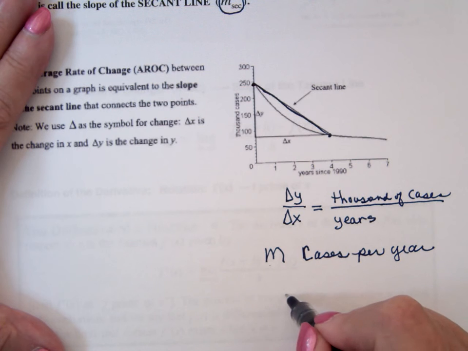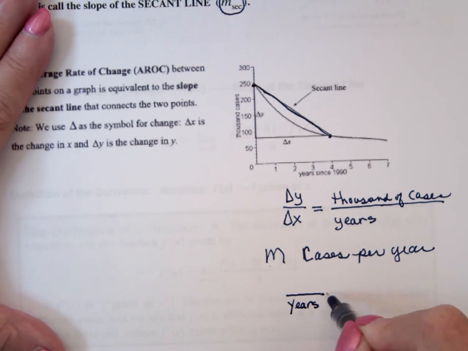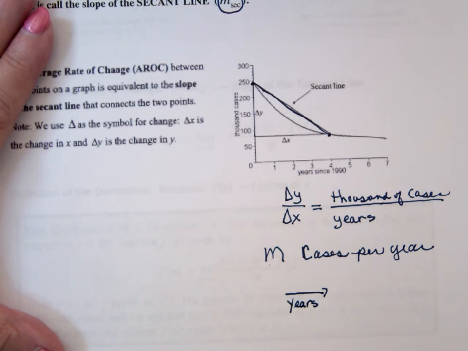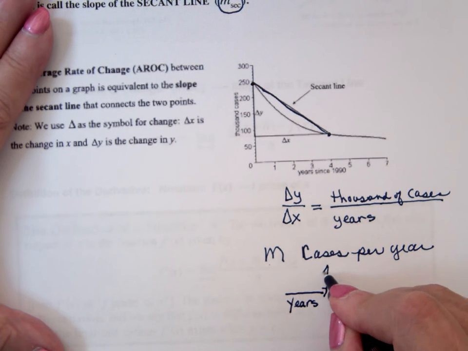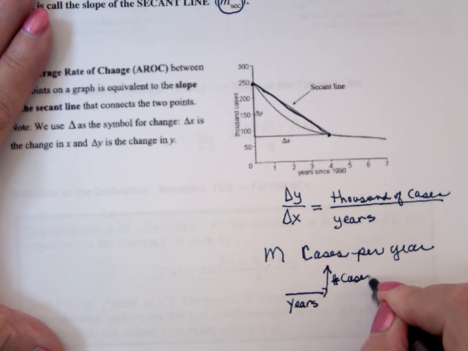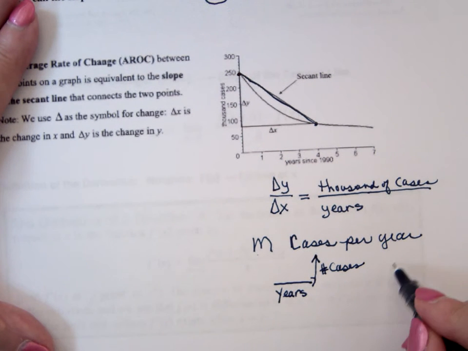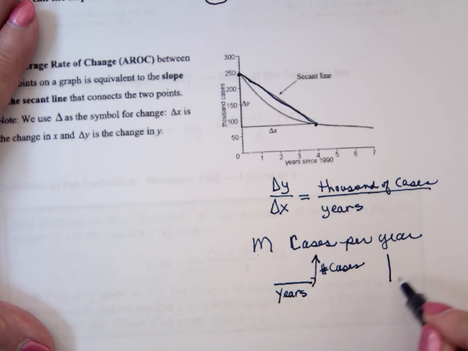That says, as time goes on, the number of cases either increase or decrease. In this particular instance, what do I see is happening? What is that slope, positive or negative? Negative.